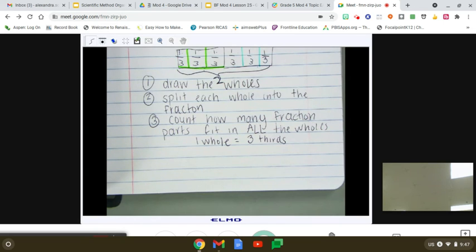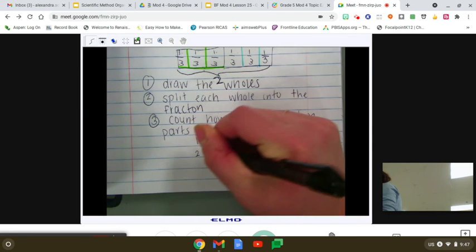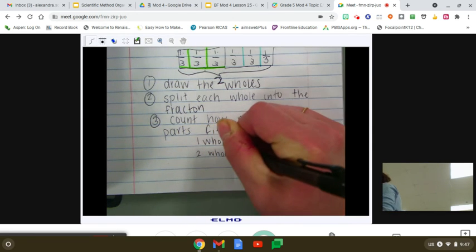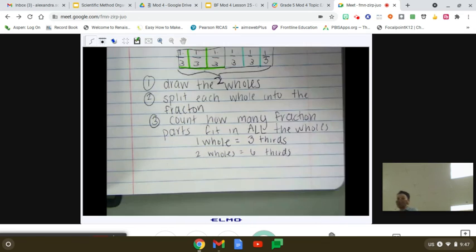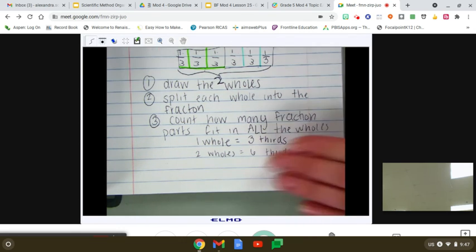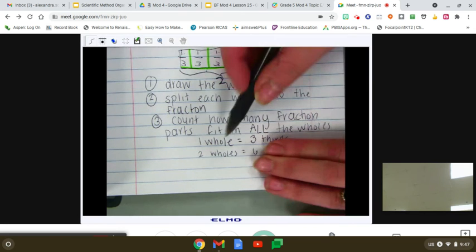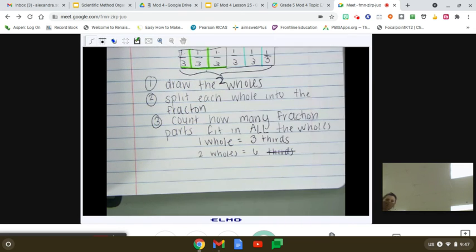In 2 wholes, there are 6/3, or 6 pieces. So we are only focused on the pieces, not even the thirds part. We're focused on the pieces.